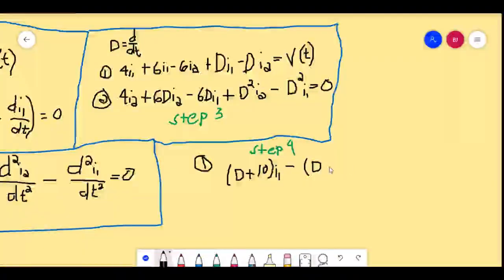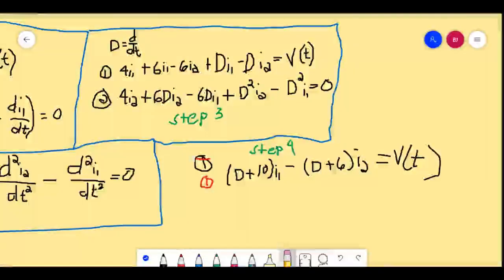Negative, so this would become d plus 6 I2 equal to v of t. So that would be my first equation here, which I already wrote in black ink a while ago.